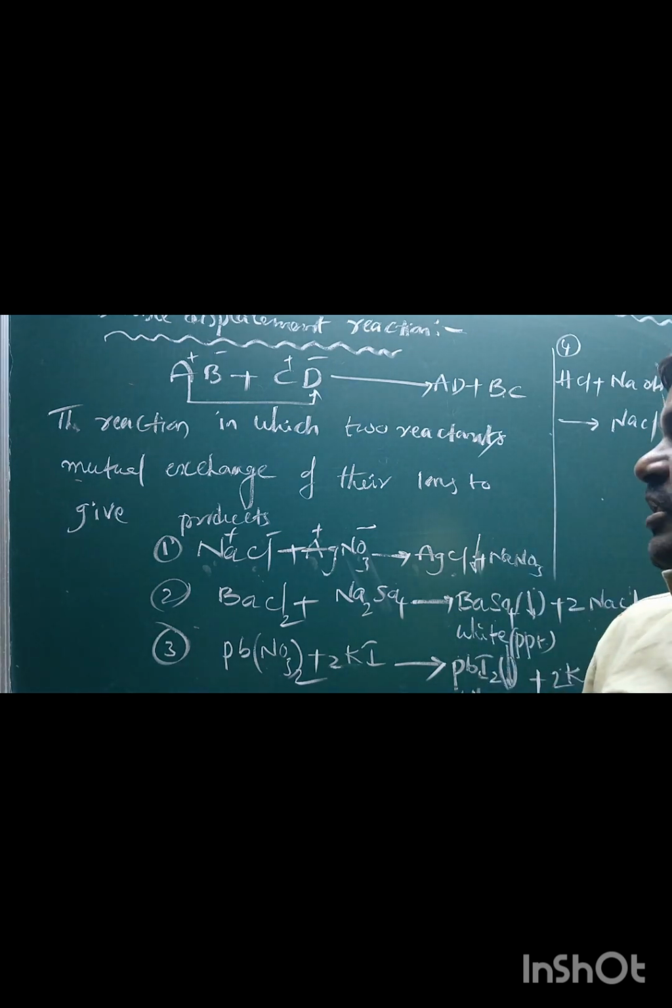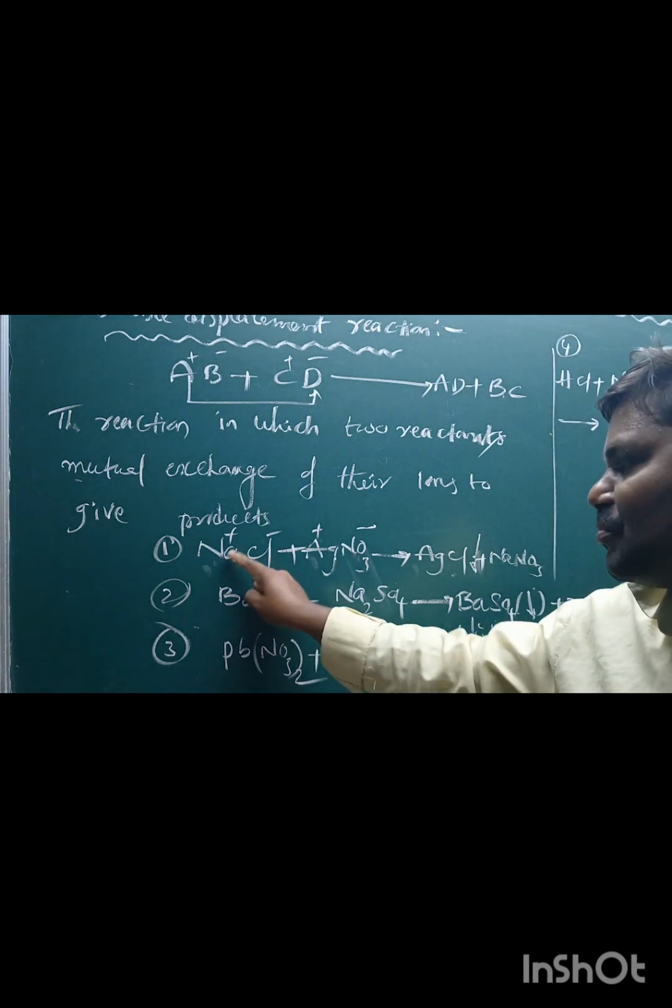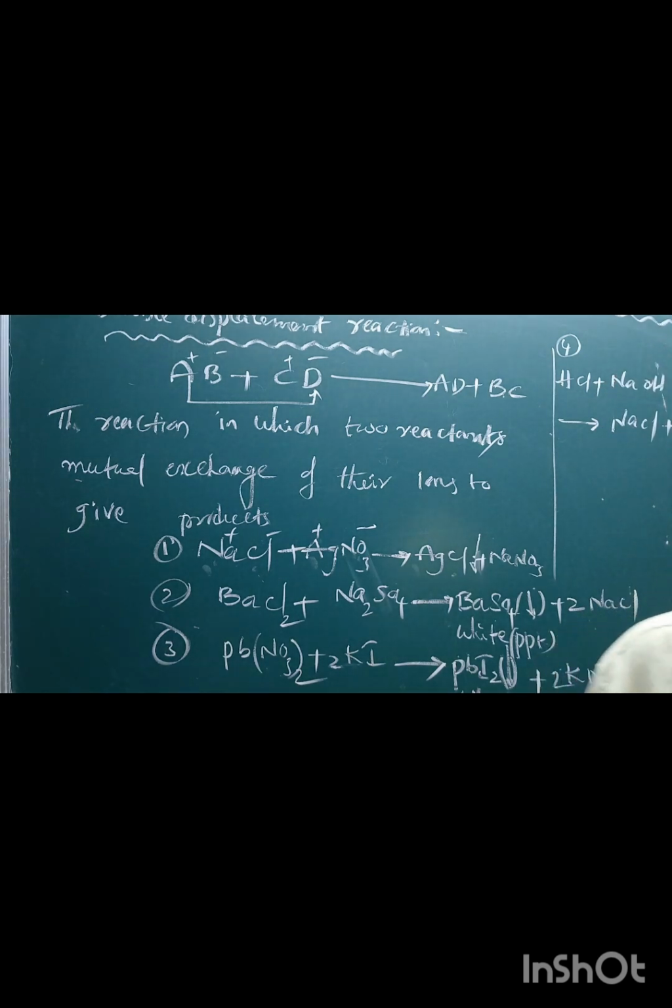The reaction in which two reactants mutually exchange their ions to give two products. In these two products, one of the products is soluble in water and another one is insoluble. That insoluble substance is called a precipitate. Then the reaction is called a precipitation reaction.